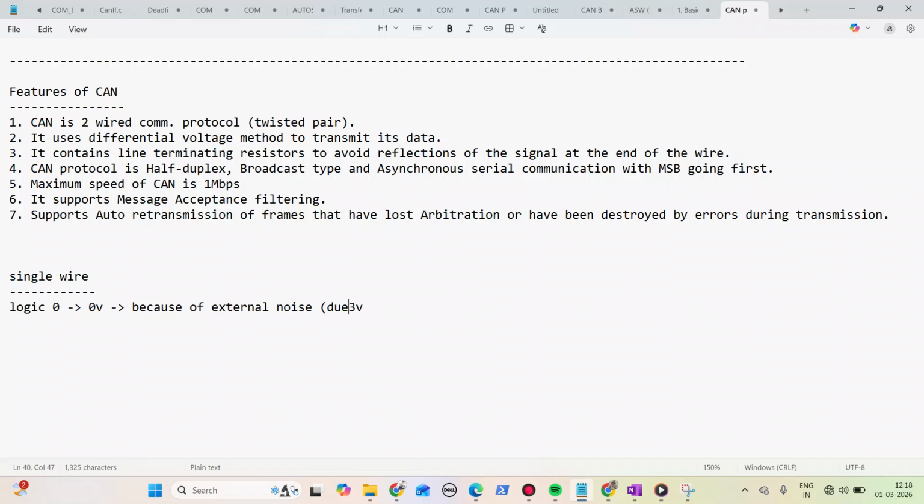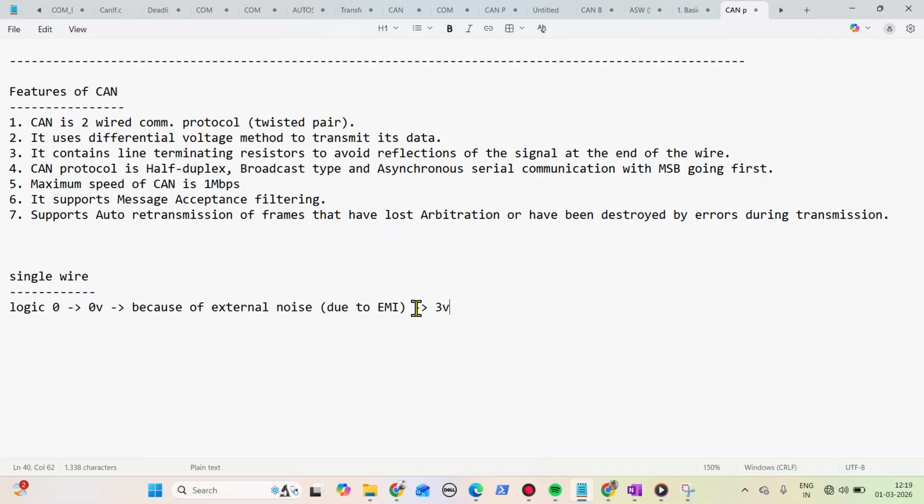Due to EMI, we can consider electromagnetic interference. Now what will the receiver think? The receiver will think that the transmitter itself is transmitting 3 volts, and because of that, there are chances that the receiver will consider these 3 volts as logic 1.